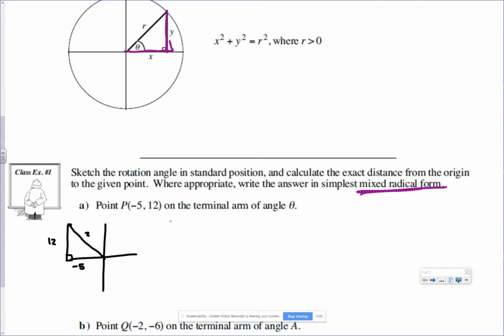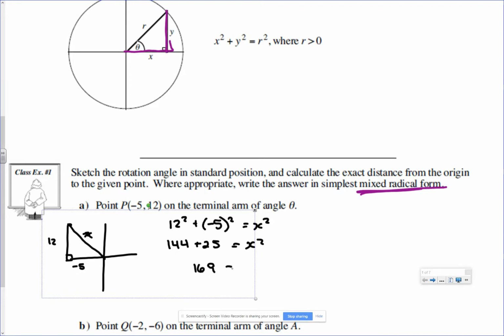So putting these together, I would have 12 squared plus -5 squared is going to give me my x, we'll just call it x squared. So I would have 144 plus 25 is equal to x squared, and that gets me 169 for my x squared.